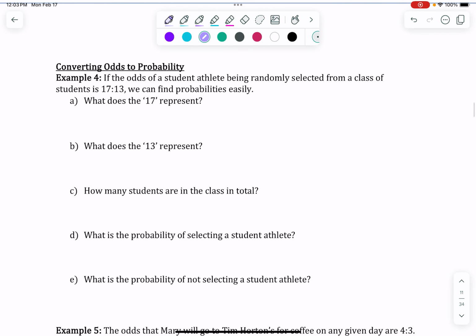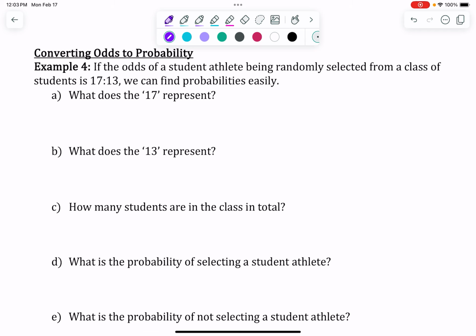So let's take a look at our first example of converting odds to probability. If the odds of a student athlete being randomly selected from a class of students is 17 to 13, let's talk about what each of those numbers represents. That 17 represents the number of student athletes, because we're talking about odds for.